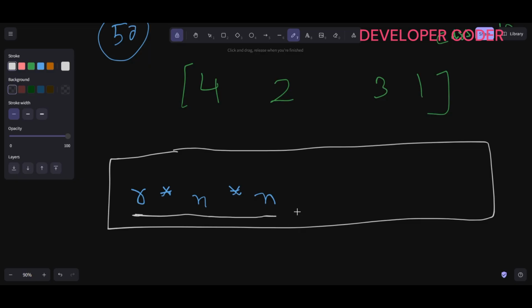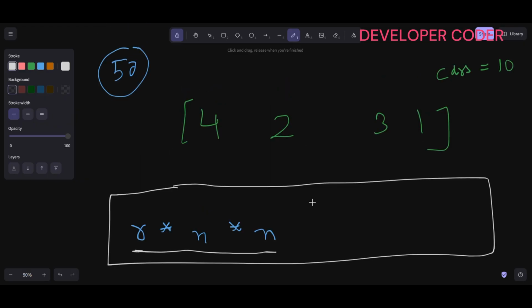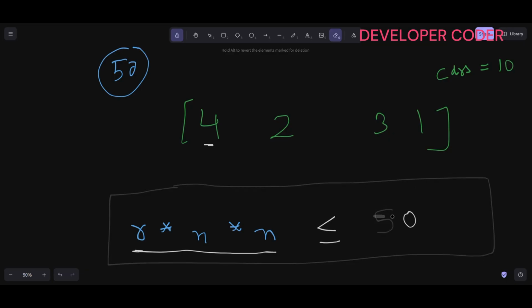Now I am trying to find out how many cars this person can repair in 50 minutes. I will get that using this formula. This value should be less than or equal to 50, or instead of 50 I can say mid, the general formula.